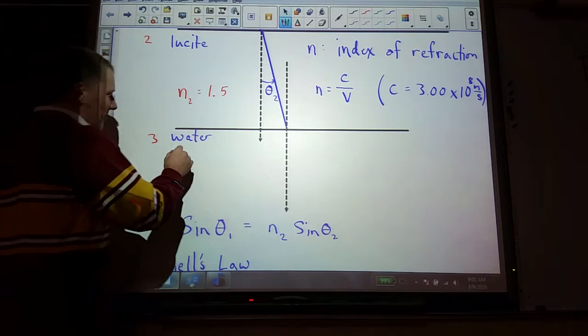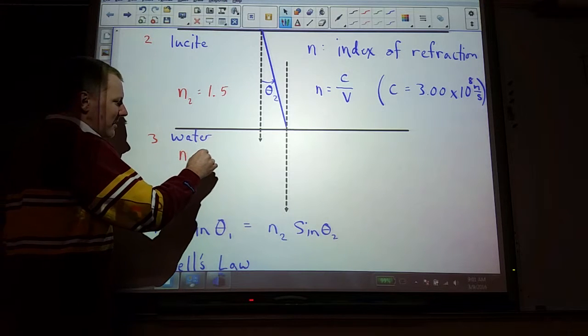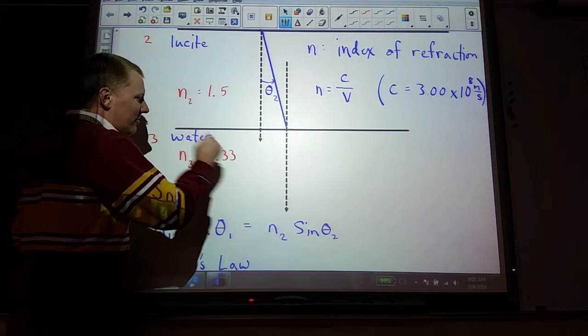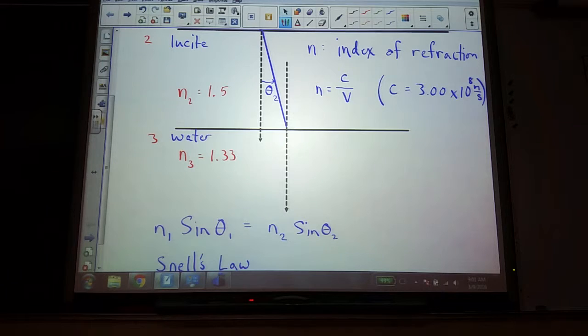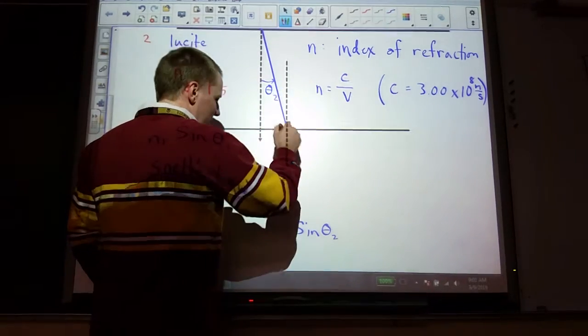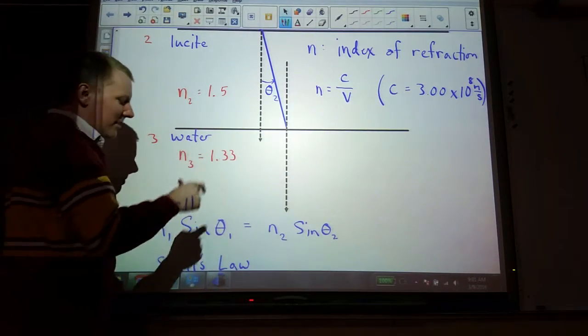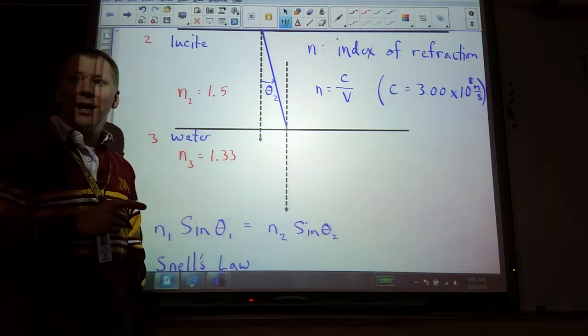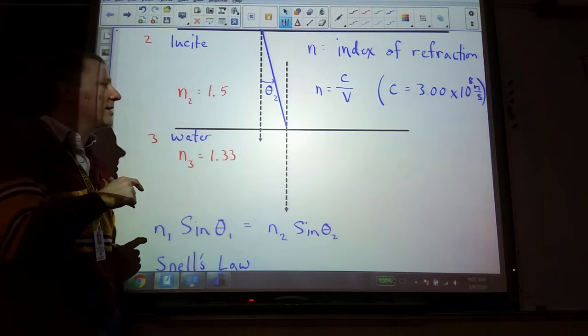Water has, and I'll call this N3, an index of refraction of 1.33. So the speed of light in water is about 3/4 what it would be in air. Let's see if we can predict what's going to happen first, and then we'll actually calculate it out.